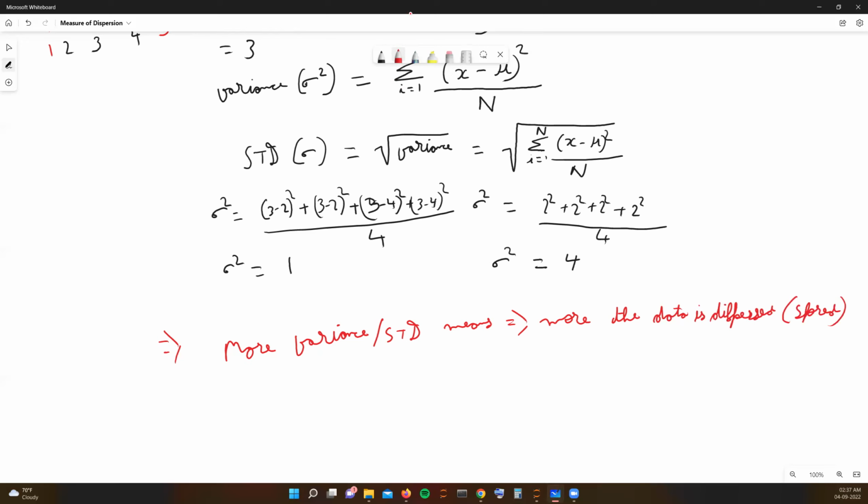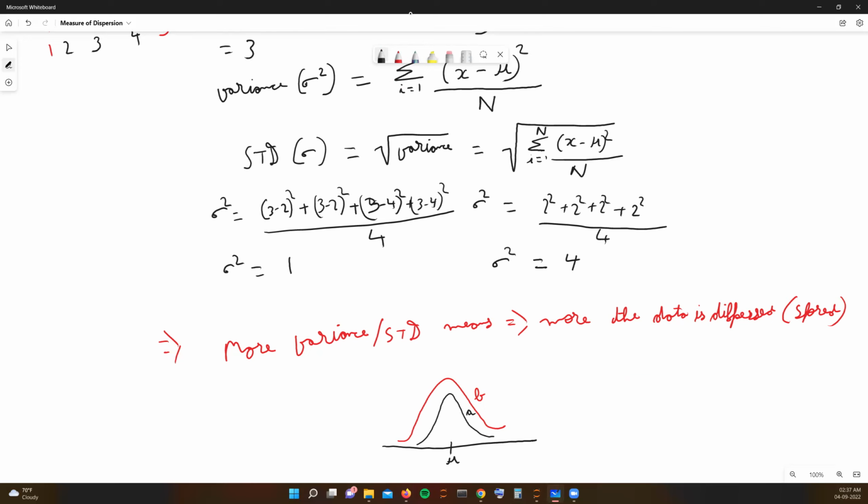So let's create two distributions having the same mean. Again, this is your x-axis, and let this be your mean. Your first distribution is A, and your second distribution is B, having the same mean. So this one is your B, and this one is your A. Here itself you can see that the spread or the dispersion of B around the mean is more.